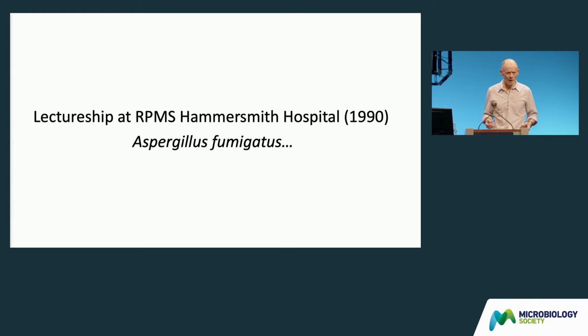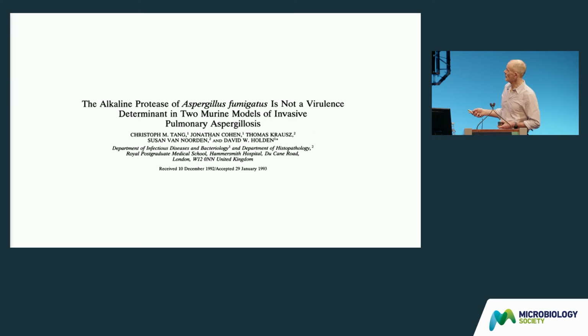I read the literature and tried to look for clues as to what sort of proteins or toxins the fungus might make that would account for its ability to cause disease in the lung. Reading the literature, we came across this alkaline protease. So using my molecular genetics, we set up a transformation system for Aspergillus.